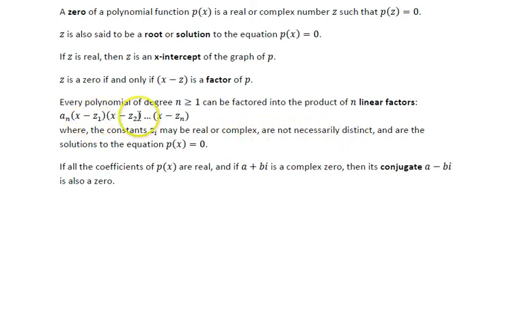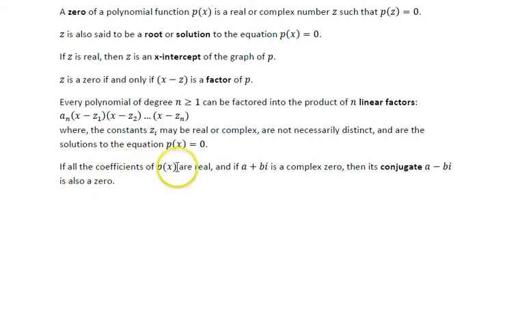There could be some repetitions, and they are the solutions to the equation p of x equals 0. So these are the zeros. They give us the solutions, and the linear factors here, n of them. Again, remember, some of them could repeat, not be distinct.